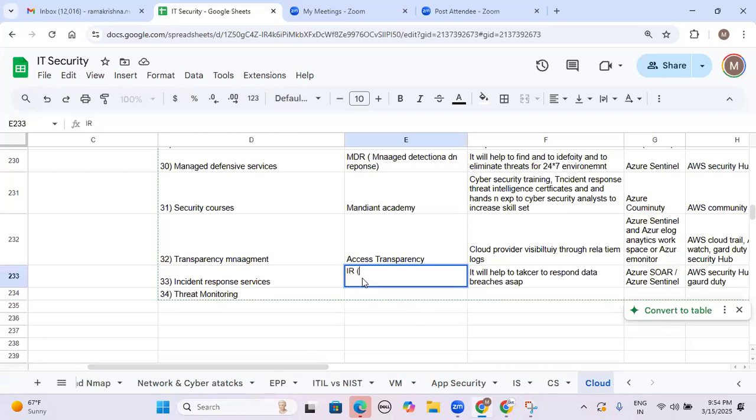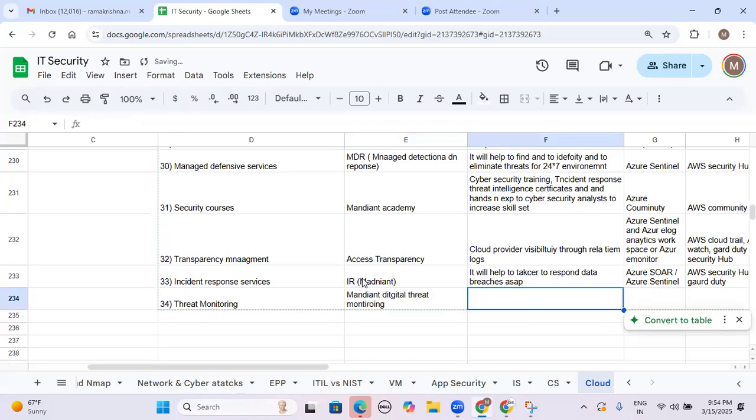The Mandiant Digital Threat Monitoring Solution or services will integrate with the dark web or open web, deep web, those parameters, to know what's going on as part of digital threat monitoring.